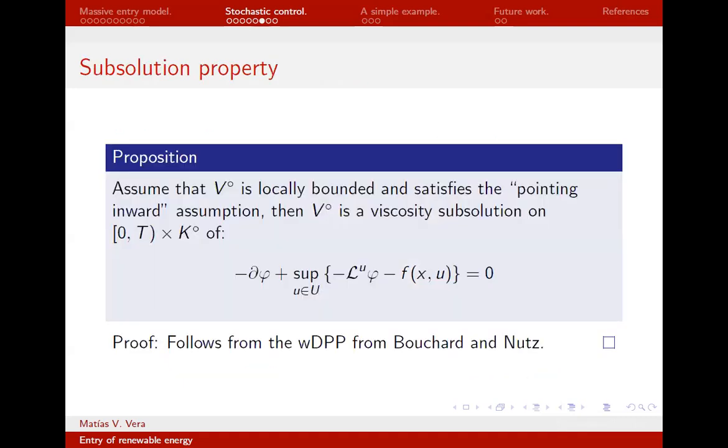Given this, if we assume that the open set is locally bounded and satisfies the pointing inward assumption that I'm going to explain right now: you have this set, you're here, close to the boundary, and you can turn off the volatility.